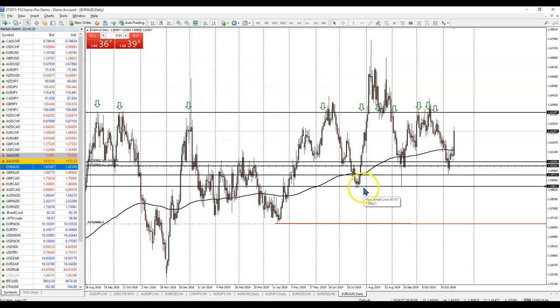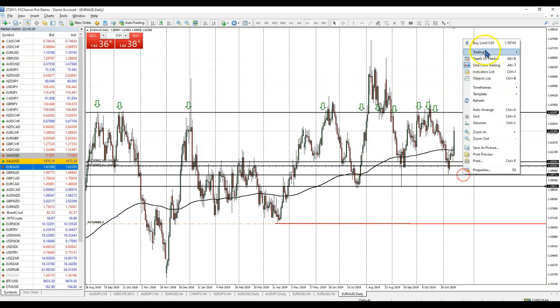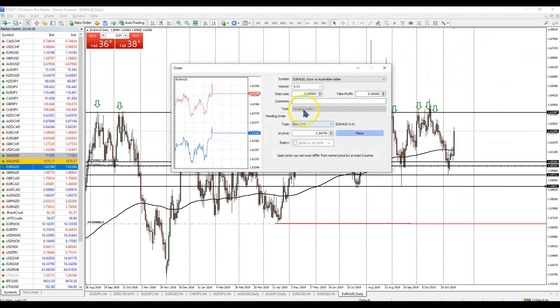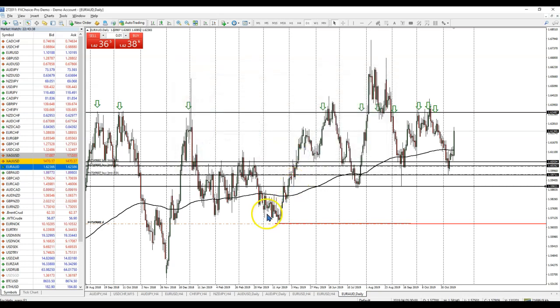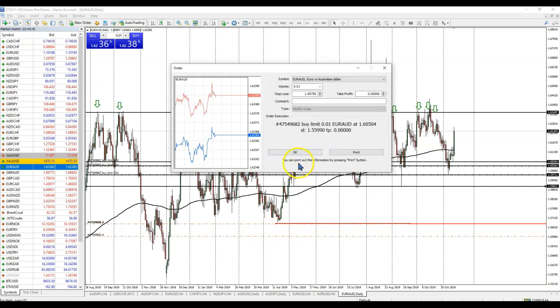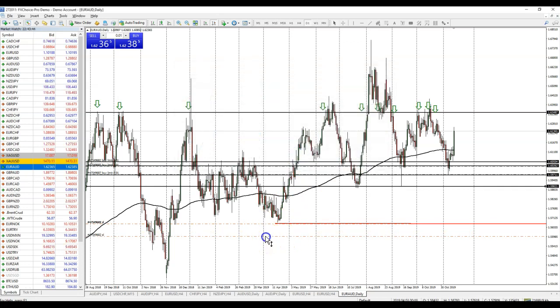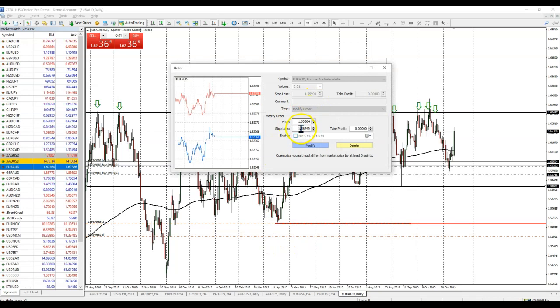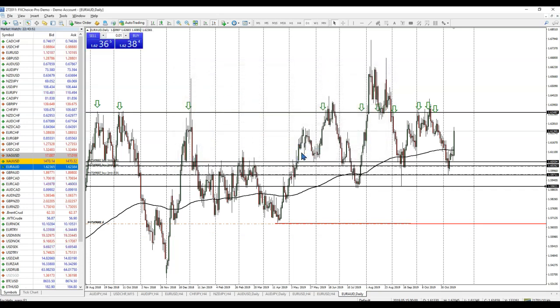Why minimize or limit yourself on winning trades? If you feel like moving your stop loss, you can bring it down, just modify. Or you could just put it back to 156.75, 1.5675, modify. That's it. Good to go.